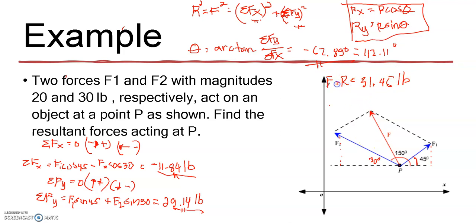Now, to test the accuracy of our answer, let's use this relationship. Rx is equivalent to R cosine theta. Plug in the value of R: 31.45 cosine of 112.11.